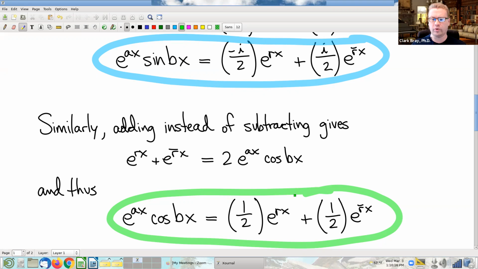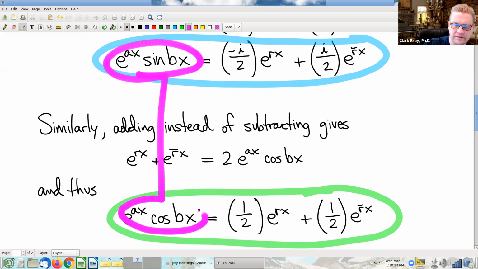And what I want to point out about why these are useful is that these formulas allow us to take expressions that are what I'm going to call algebraically hard. They're not trig functions. They're not exponentials. They're combinations of trigs and products of trigs and exponentials, which are algebraically hard to deal with.